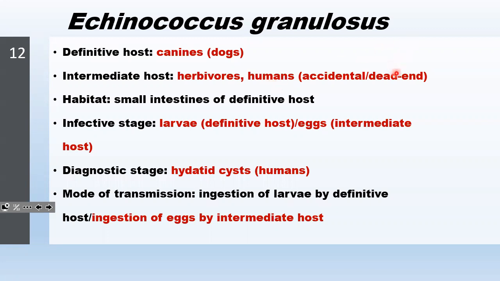Okay, so that's why we're dead-end. The usual intermediate hosts are the herbivores. The adult worms are found in the small intestine of dogs. The infective stage to the definitive host is the larval form, whereas the eggs are the infective stage to humans. I hope you're getting the difference.